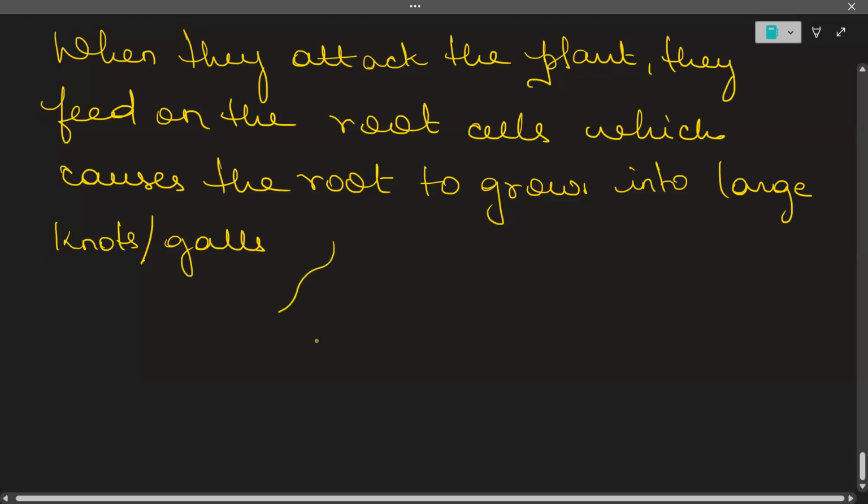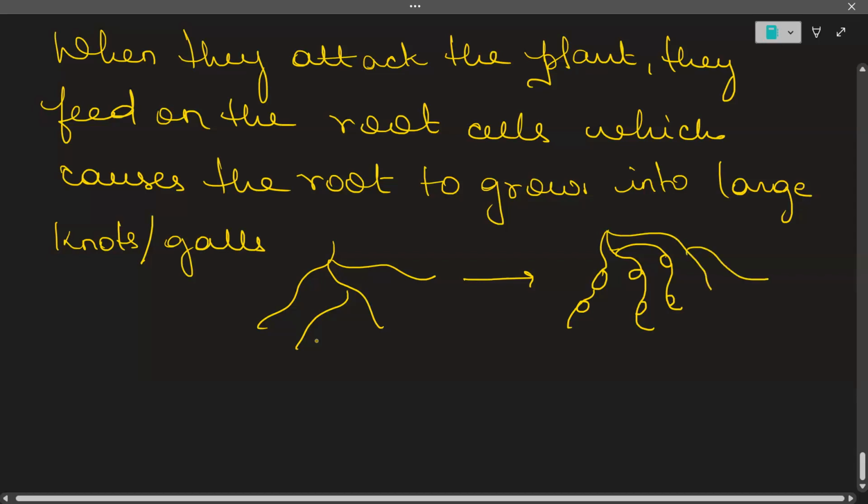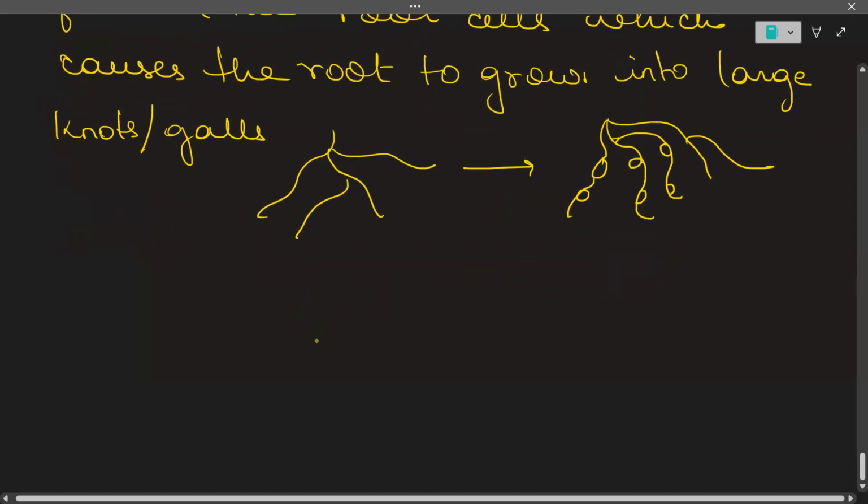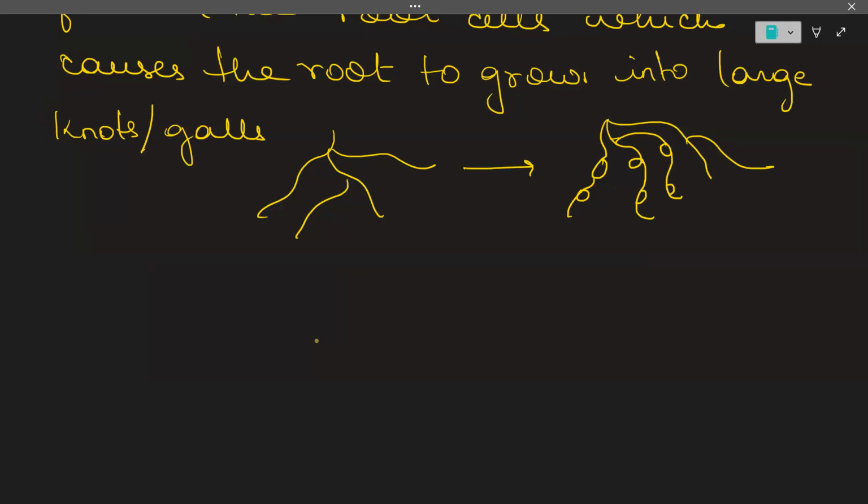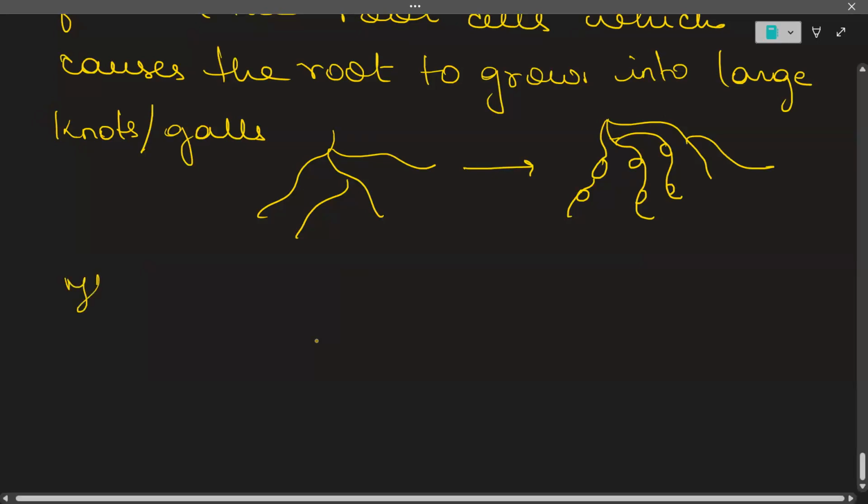For example, if this is the normal root of the plant, when it is infected it will look different. Galls mean stone-like structures or thick knots present in the roots. Do you see how it is different from the other one? Galls are present. These are knots, and they happen because the nematode or roundworm is infecting the root. This damages the crop, and they always infect the areas where farming is done.